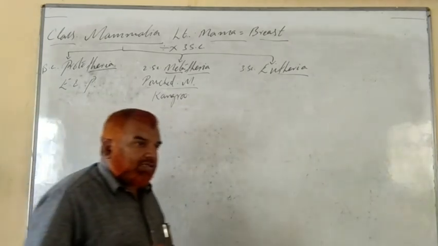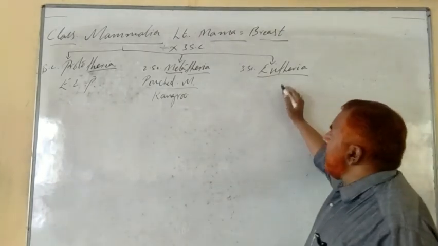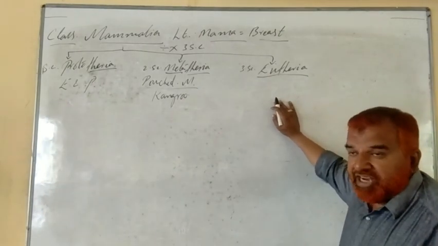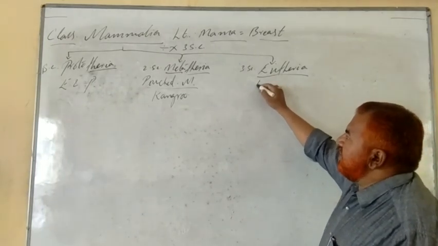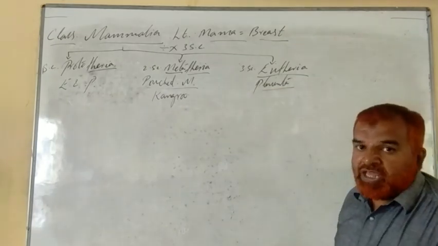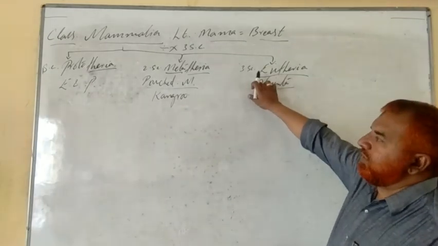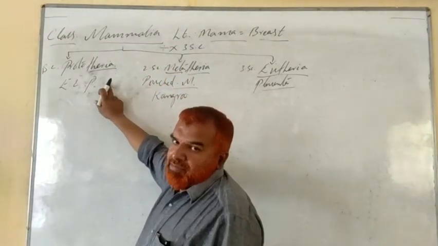Coming back to the third subclass of class Mammalia, that is Eutheria. Eu refers to true or definite. They possess a definite, perfect placenta, hence they are known as Eutherians. They are also referred to as placental mammals, unlike the pouched mammals and the egg-laying mammals.